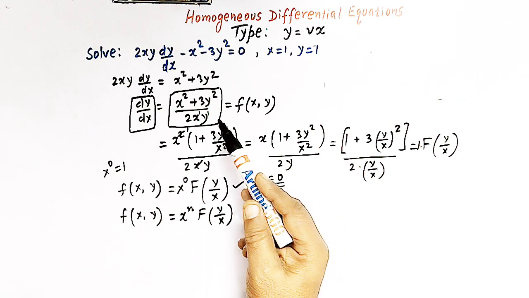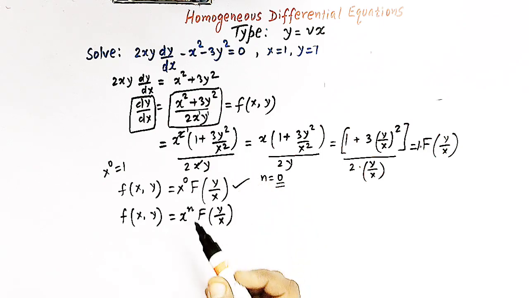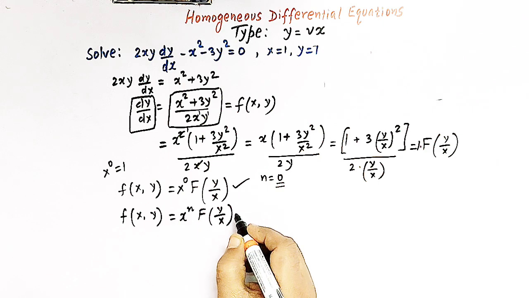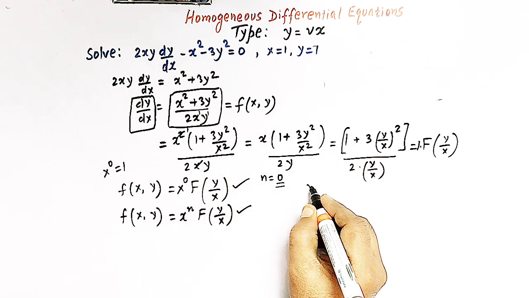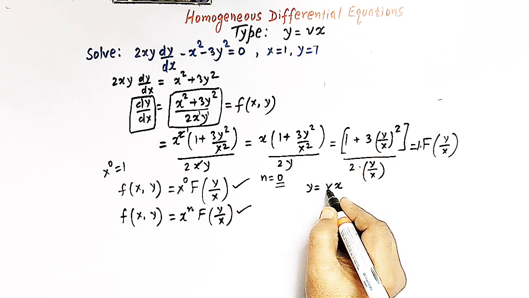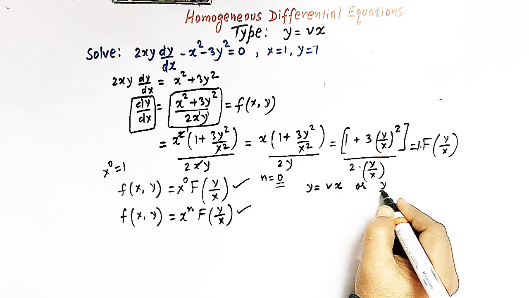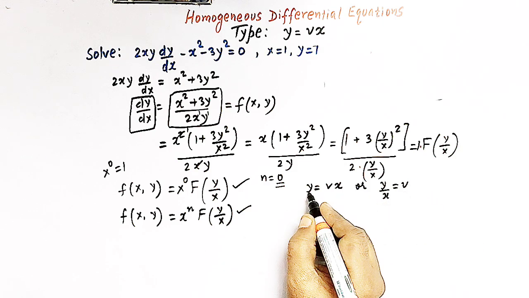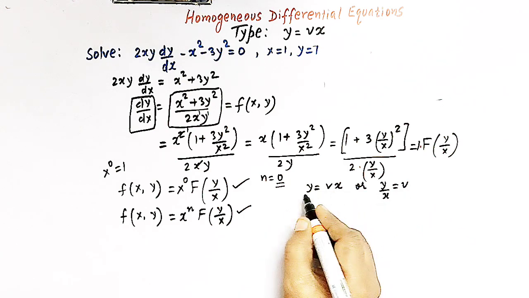So now, once we have established that this function is a homogeneous function of degree 0 and it is of this form, let us make this substitution, that is y is equal to vx, right? V times x. Or we can also write y over x is equal to v, right? So here v is a function of x, so let us differentiate both sides.